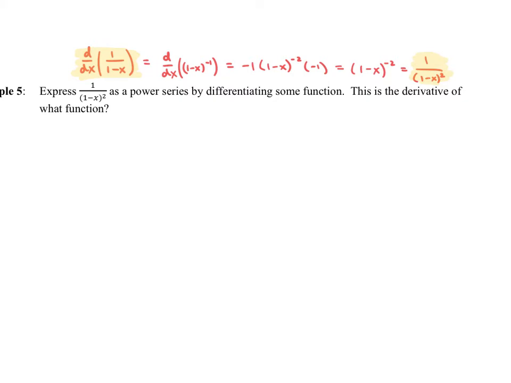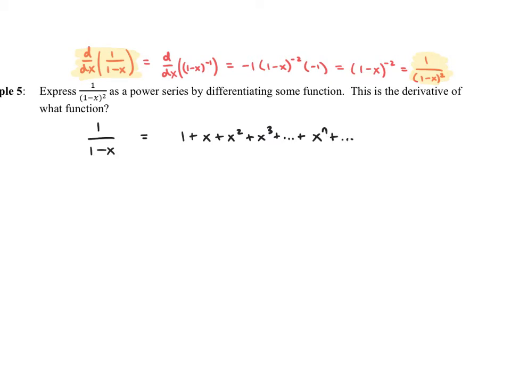Okay, so what does that mean? Well, let's start with the power series that we know, which is 1 over 1 minus x. And I'm going to leave a little bit of extra space here, I think. So I know that this is 1 plus x squared plus x cubed and so on, out to my general term and beyond.